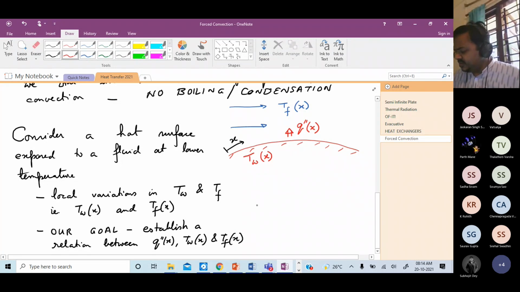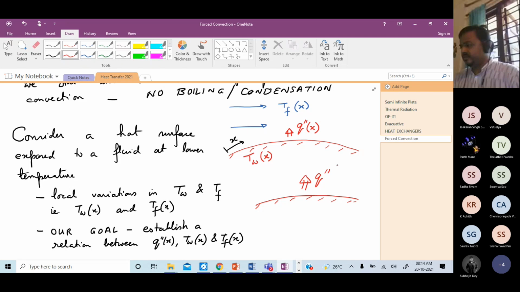Now, sometimes we may not be interested in finding out the local variation, but we may be more interested in finding out the average heat flux, or the average amount of heat transfer.